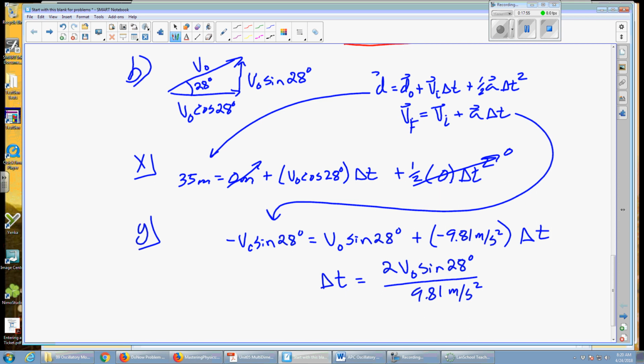And if I solve this one for delta t, I get 35 meters over V naught cosine 28 degrees equals delta t.